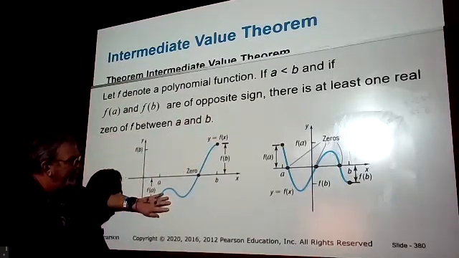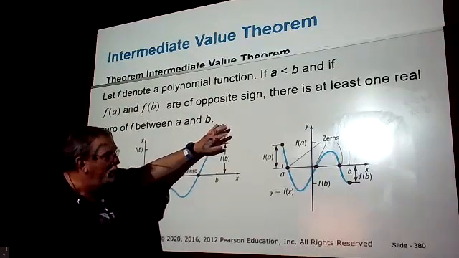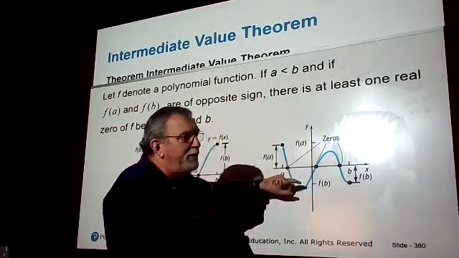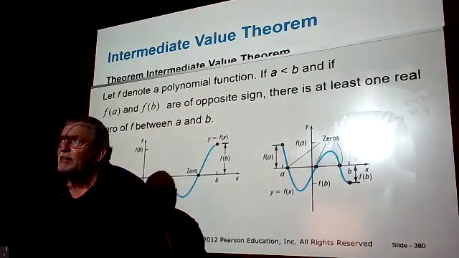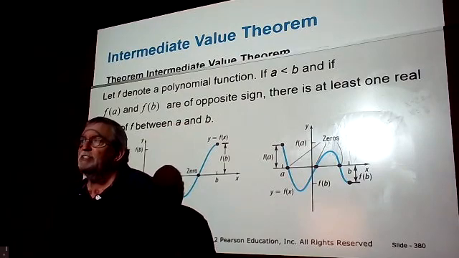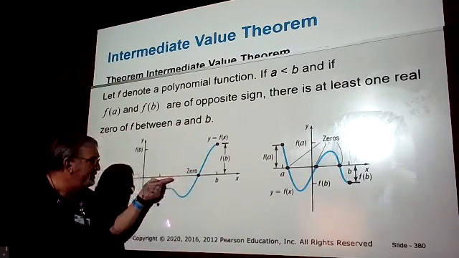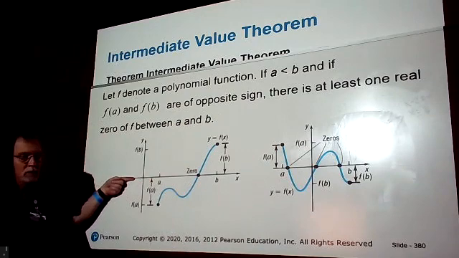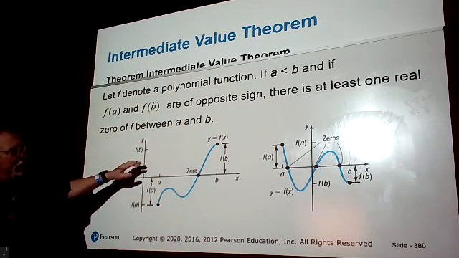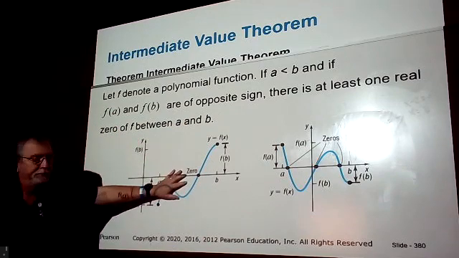So f of a is negative and f of b is positive, or f of a is positive and f of b is negative. That means we're going to have to cross the x-axis somewhere. If the function is smooth and continuous, we're going to have to cross this x-axis somewhere. Right? So it's a polynomial function, which means it's going to happen.